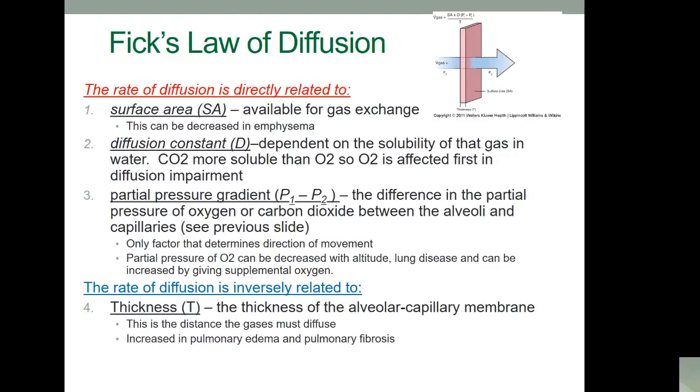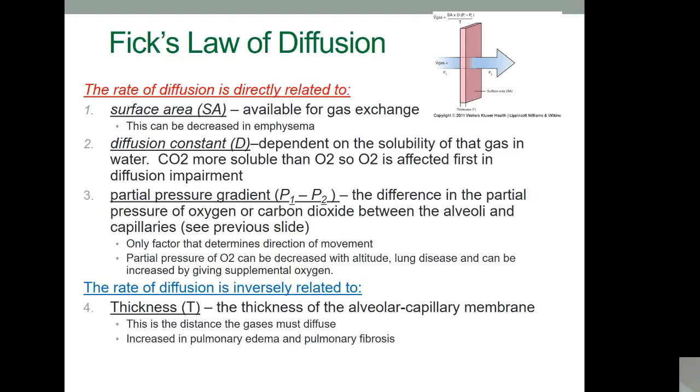Even though the partial pressure gradient for oxygen is 10 times that for CO2, because CO2 is 20 times more soluble and thus has a greater diffusion constant, with diffusion impairment, oxygen levels go down before CO2 levels go up.